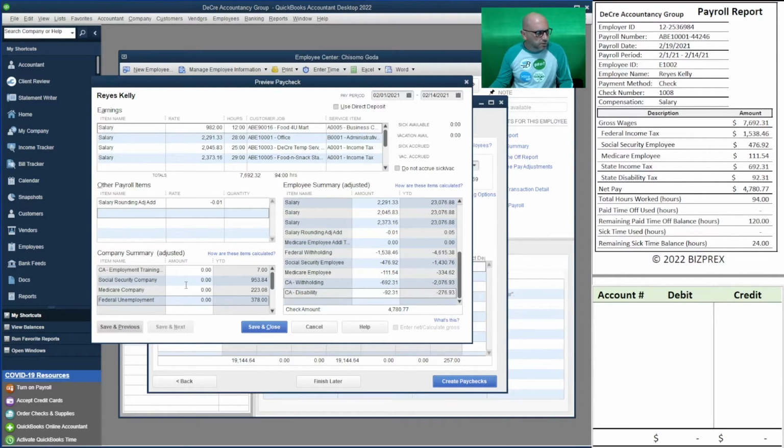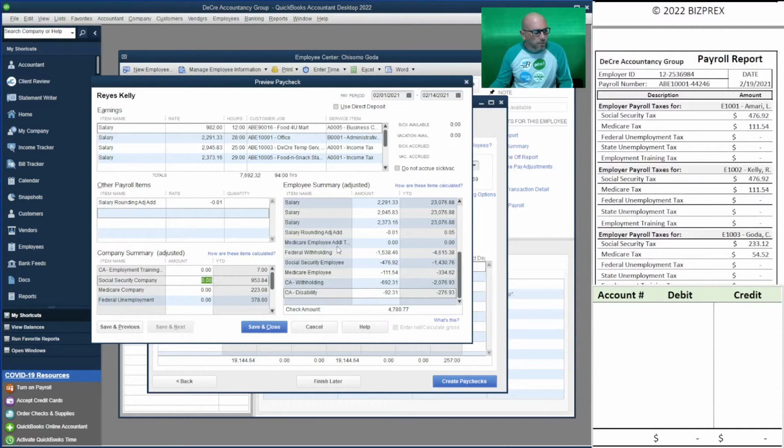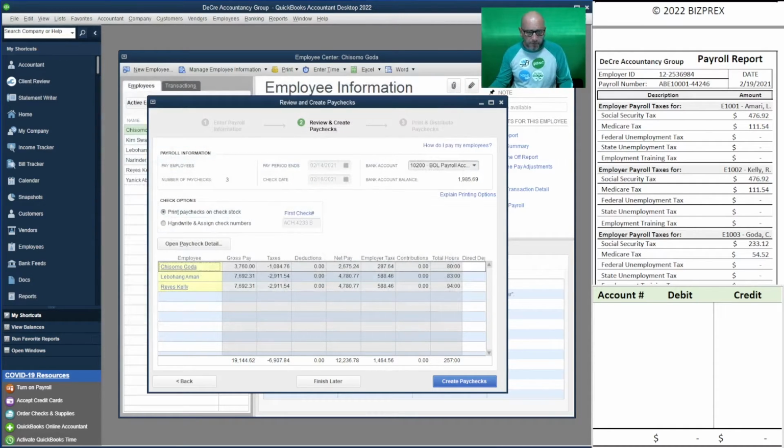Net matches, and then we have this right here. There it is. All right. So this is our third one, and we'll cover debits and credits for the whole transaction in the next one. Save and close.